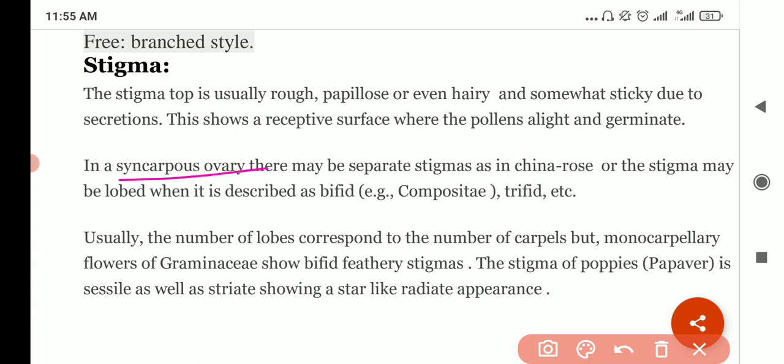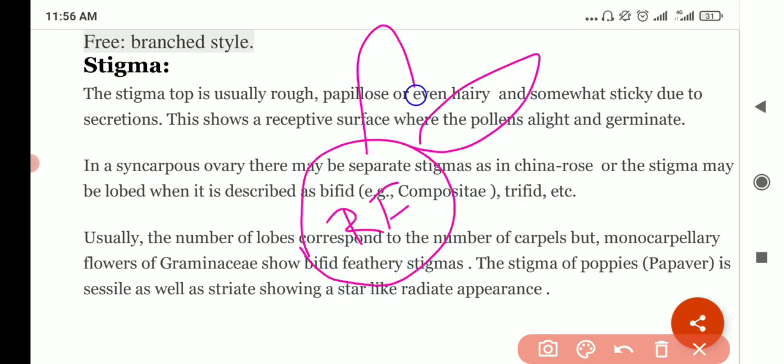So let's read it together. In a syncarpous ovary, there may be separate stigmas as in China rose, or the stigma may be lobed, when it is described as bifid or trifid. When we say bifid, take a sunflower, or that daisy, if you pick it. This is the ray floret, and these are the disc florets.